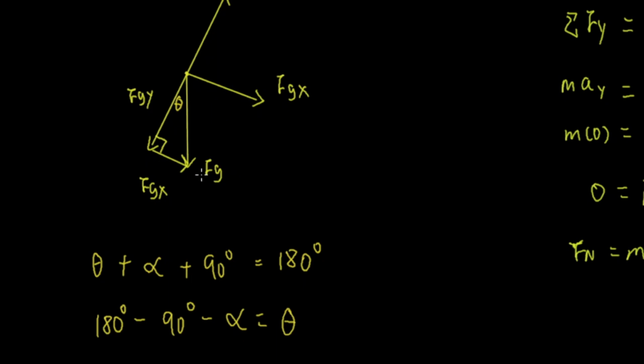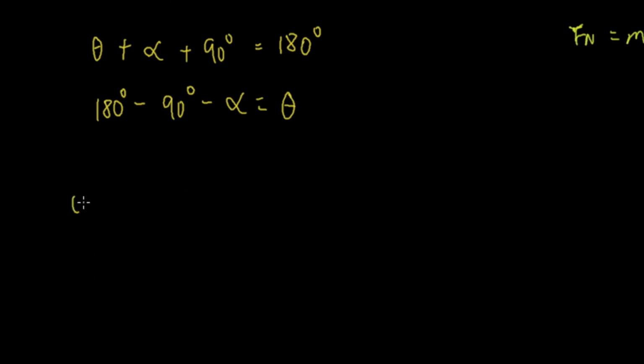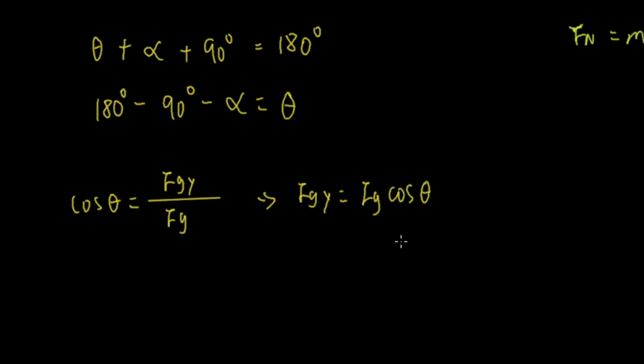Adjacent over hypotenuse. Multiply both sides by f sub g. We have f sub gy equals f sub g cosine theta. But we know that f sub g is equal to mg. So f sub gy is equal to mg cosine theta.